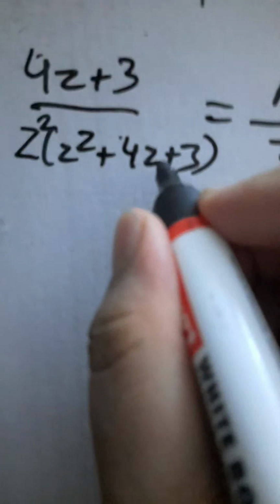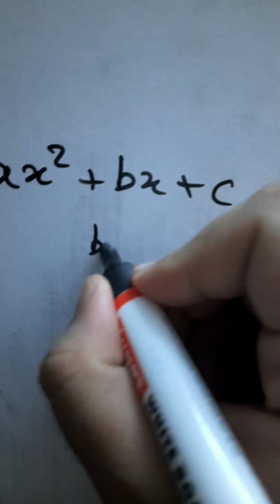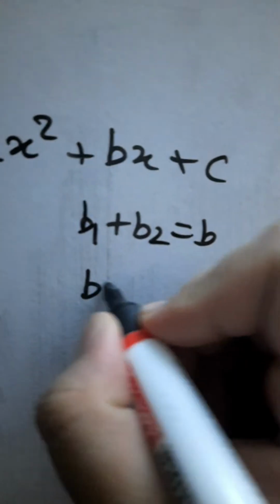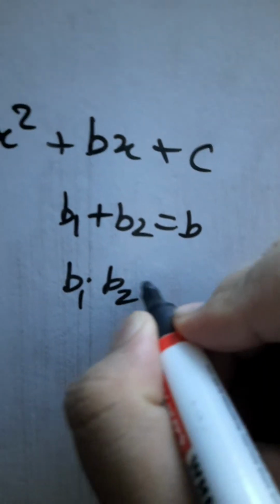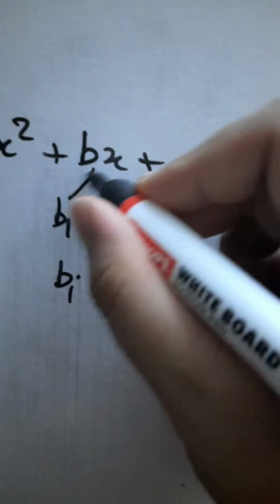Now we have to first break this down, so you have to factorize. I told you how to factorize. Like there is ax square plus bx plus c. So b1 plus b2 should be equal to b, and b1 into b2 should be equal to a into c. So break this b into this.